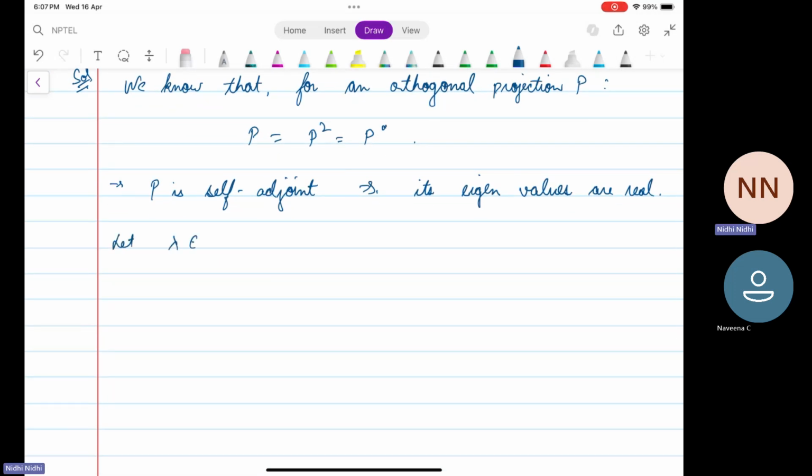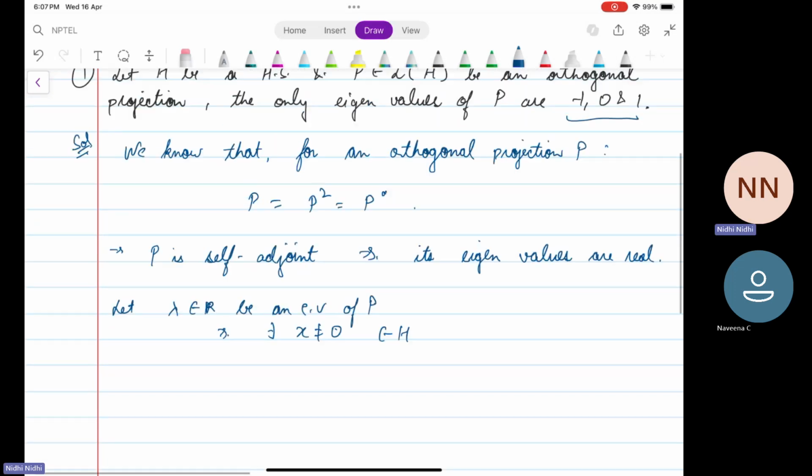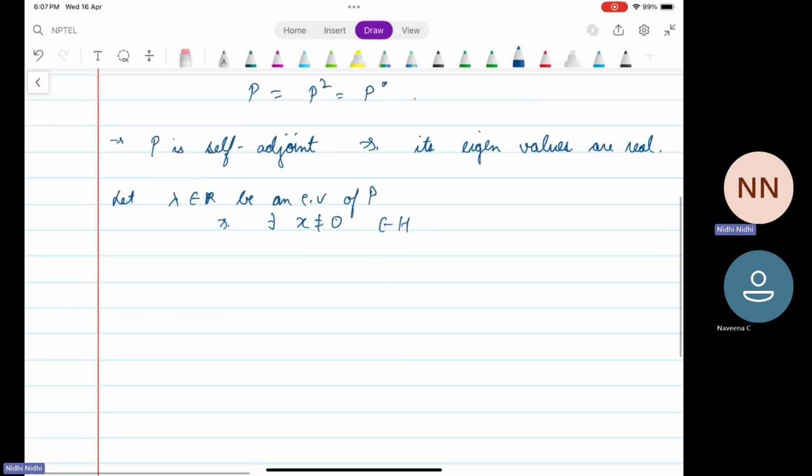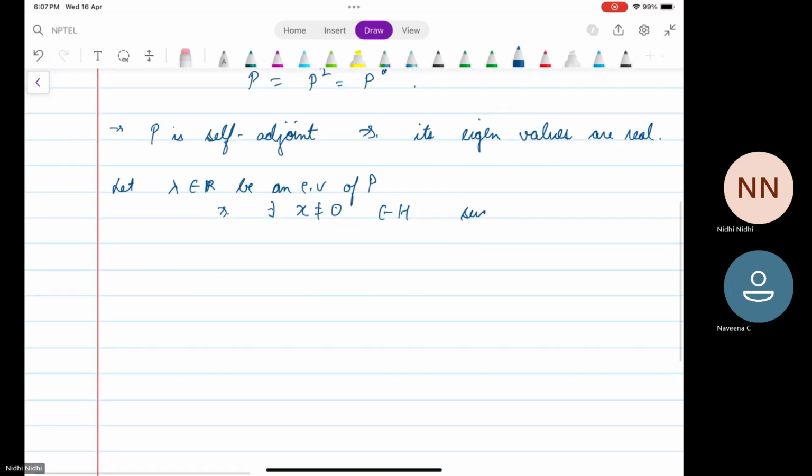Let lambda belonging to R be an eigenvalue of P. This implies there exists some non-zero vector x in H such that, this is the definition of eigenvalue, Px is equal to lambda x.